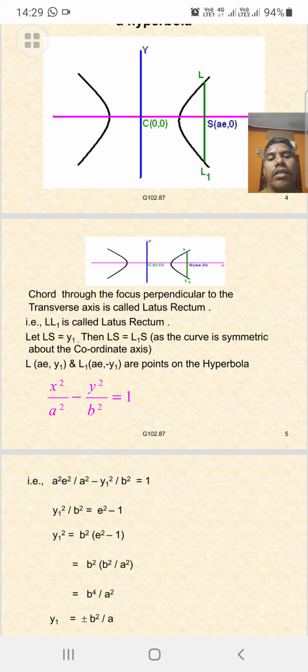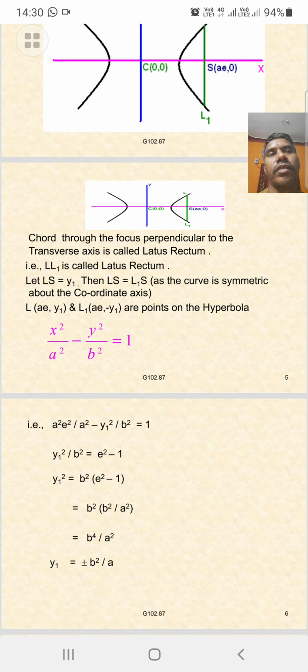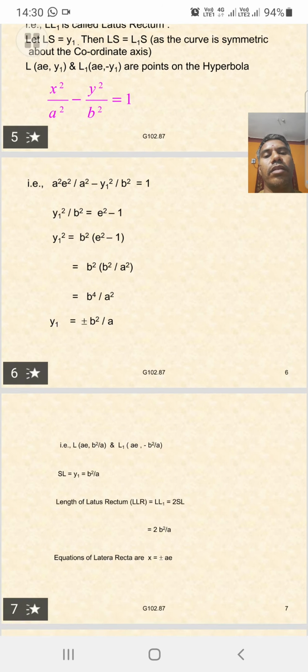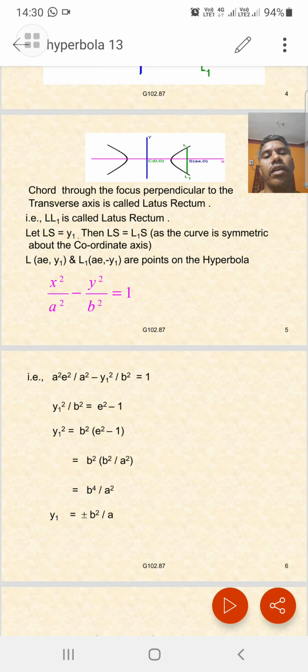In the first form we have x square by a square minus y square by b square equals 1, whereas in the third form we have x minus h whole square by a square minus y minus k whole square by b square equals 1. The fourth form is a little different: y minus k whole square by a square minus x minus h whole square by b square equals 1. The third and fourth forms are the same, but x and y are interchanged, and the diagram also changes from horizontal to vertical.